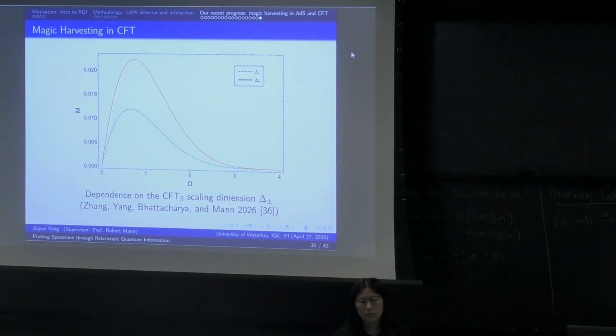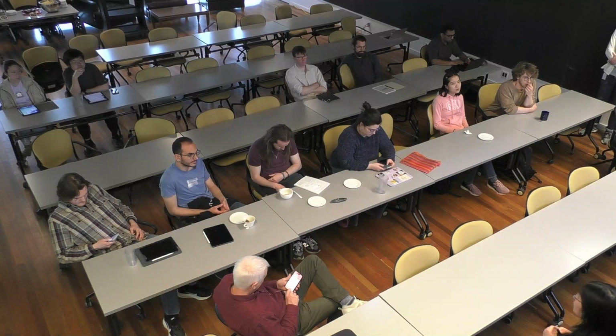You might have talked about this in the talk, but can I ask why I should be surprised that you can do magic harvesting from the AdS CFT? Because naively the coupling between the detector and the field will always be non-Clifford. So if you act on, for example, trivial states, of course you will be able to get some magic. So what's the surprising part of this calculation? Yeah, that's a really good question.